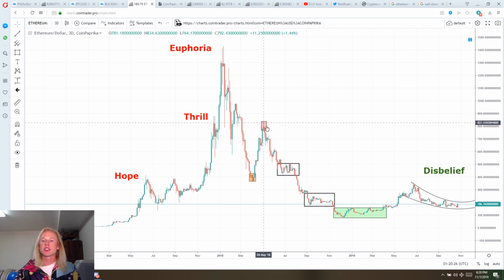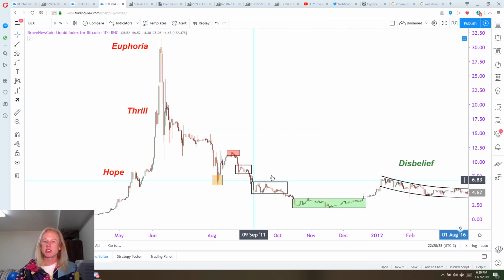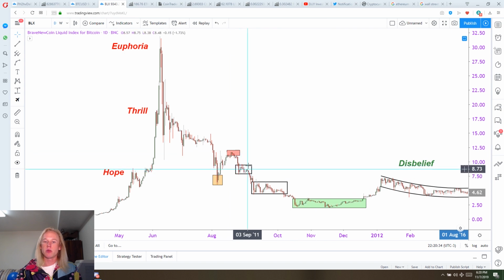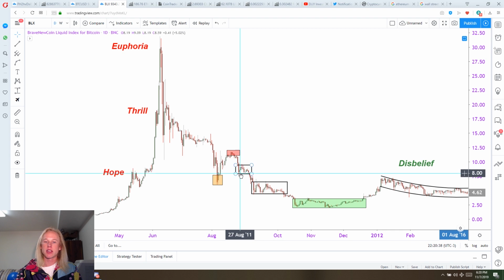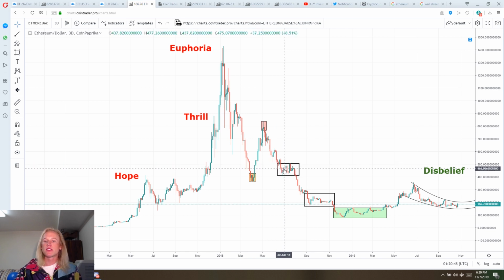Now, after the initial sell-off, we go through a couple different phases in that last leg back down. The only difference between these two cycles is really where the different symmetry happens. After the initial sell-off, we get this bearish continuation that happens right here. It took place just initially after the first leg down from the buyback. And in Ethereum, we kind of drop back down to this lower support level, but it's the same sort of consolidation.